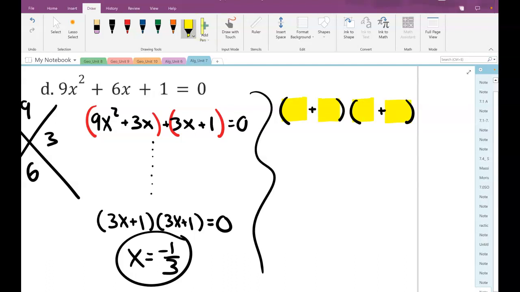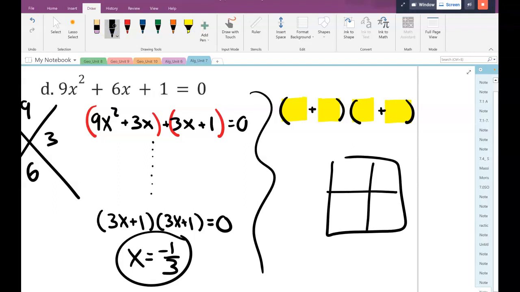If I take this idea of, what do I have to fill in here to get my first term equal to 9? Because when we use the box, we multiply our final answers together. In our box, this should be 9x squared. And this back piece should be 1. Both of those are perfect squares.